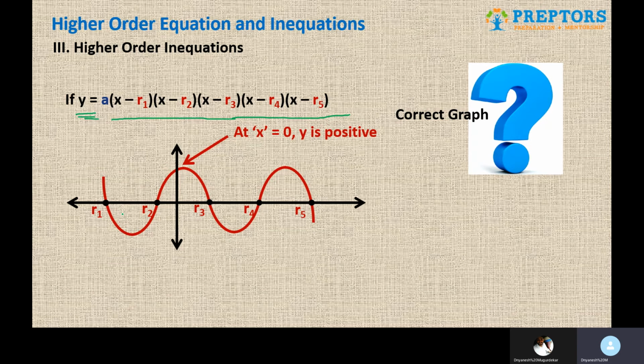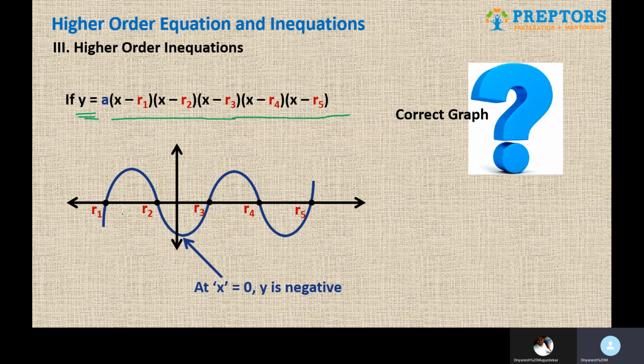And obviously, when you substitute x is equal to 0 and you get y as a negative answer, you are going to plot the blue graph which is opening downwards. So first you'll have to decide which graph to be plotted, and then accordingly proceed further. So this is how the selection of the graph will be done, and this is how you'll be solving the questions.